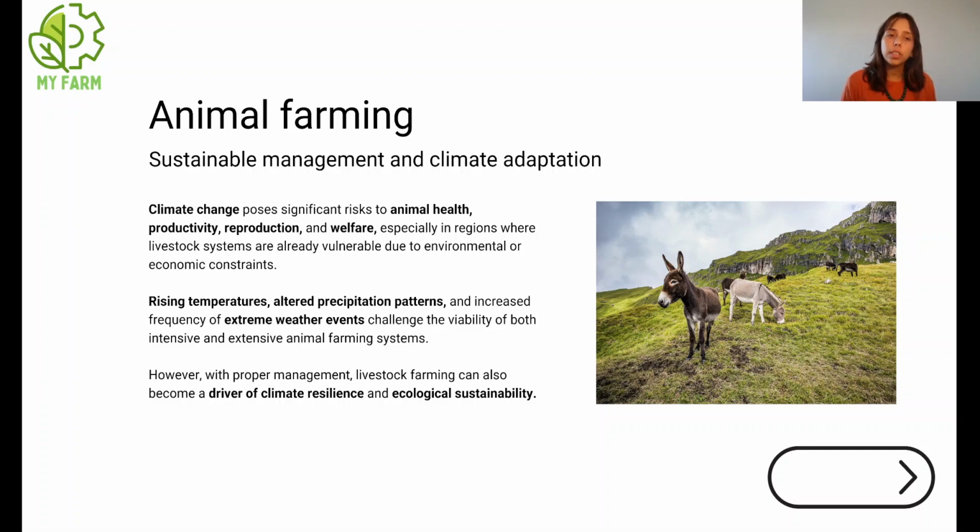Rising temperatures, altered precipitation patterns, and increased frequency of extreme weather events challenge the viability of both intensive and extensive farming systems. However, with proper management, livestock farming can also become a driver of climate resilience and ecological sustainability.